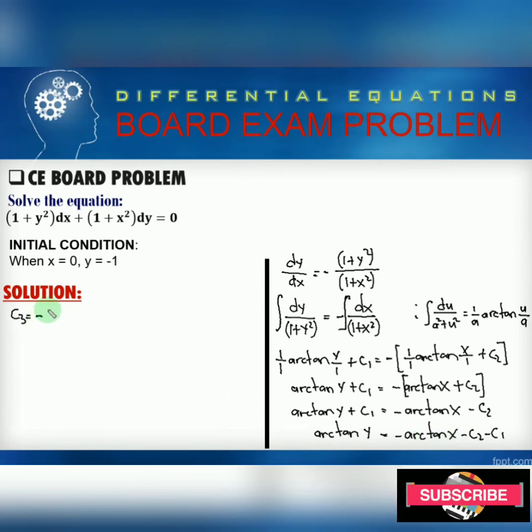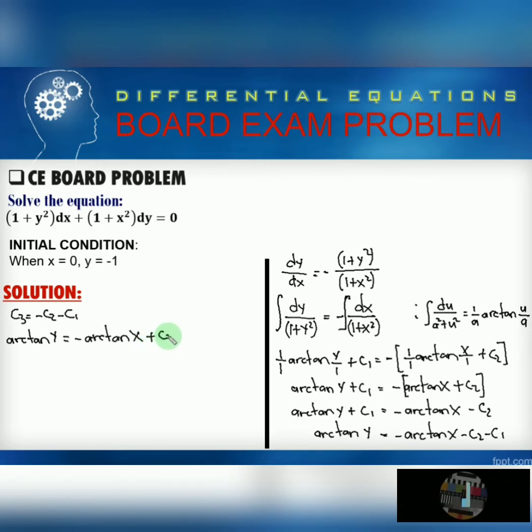Okay, c3 is just equal now to negative c2 minus your c1, so the equation will then be arctangent of your variable y equal now to negative arctangent of your x, plus your c3.